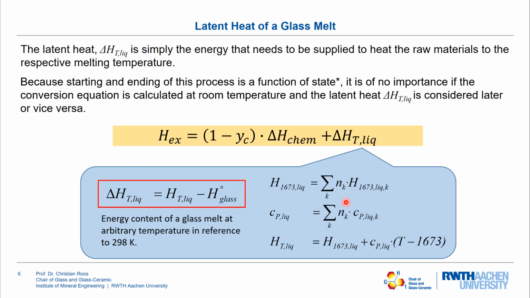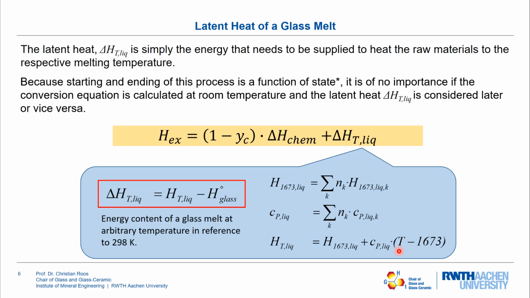This is calculated again with the heat capacity of the respective constitutional phase times the mass or molar fraction. And then we simply have a correction for the sensible heat in this equation, which takes the tabulated value for the heat content of the melt phase plus the respective delta in temperature of the melt to the reference temperature times the respective heat capacity of the liquid phase.